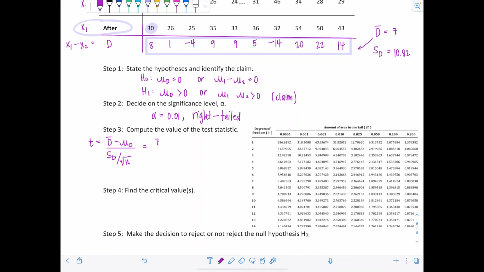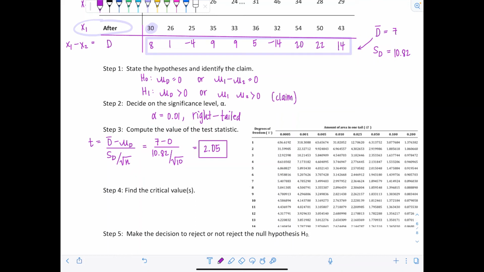It was 7 minus, you always assume mu sub D is 0, divided by 10.82 over rad 10. So sample size, you use how many pairs you have. It's not 20, it's just 10. And this comes out to 2.05. So that's my test statistic.